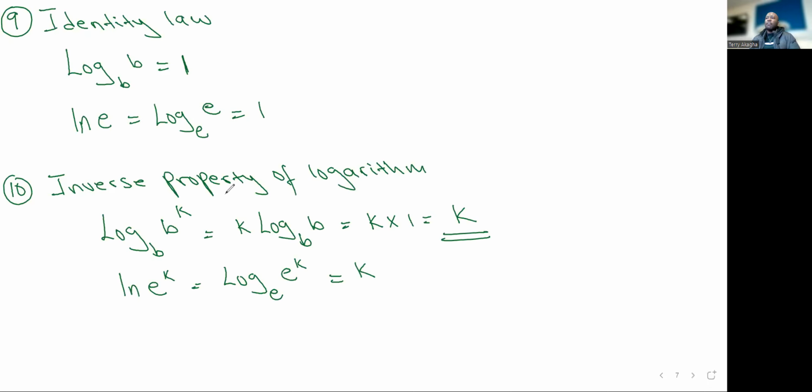Number 11. The last one, we talked about the inverse property of logarithm. Now we're going to talk about the inverse property of exponent law.